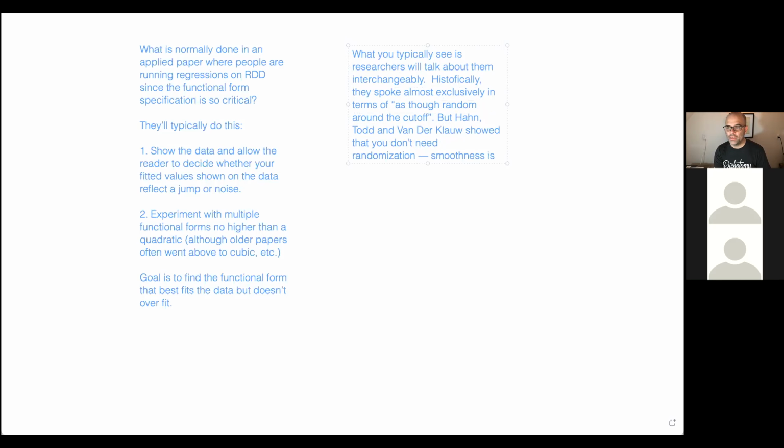Smoothness is enough. But other studies will assume randomness, and that will allow them to do randomization inference.